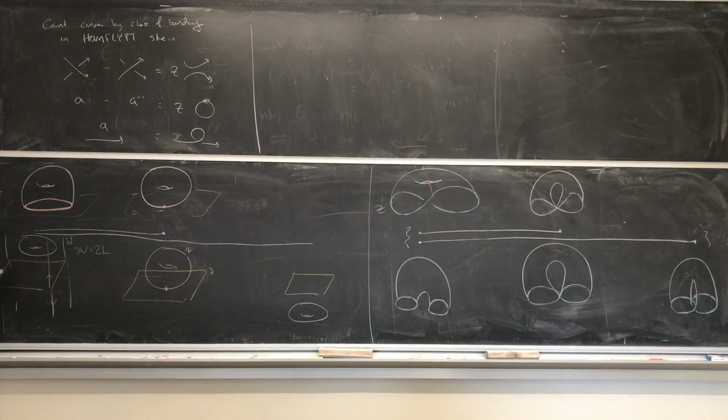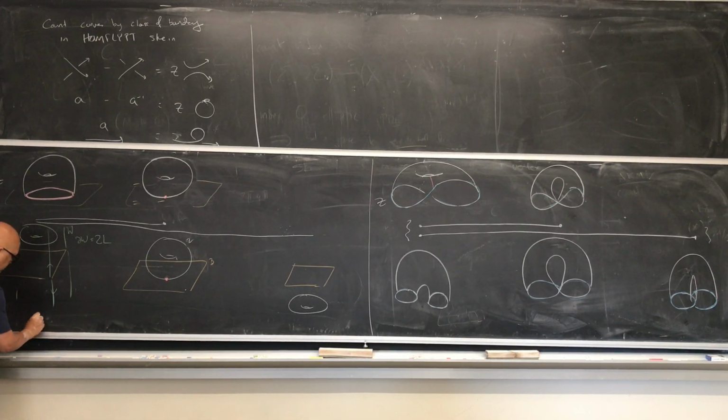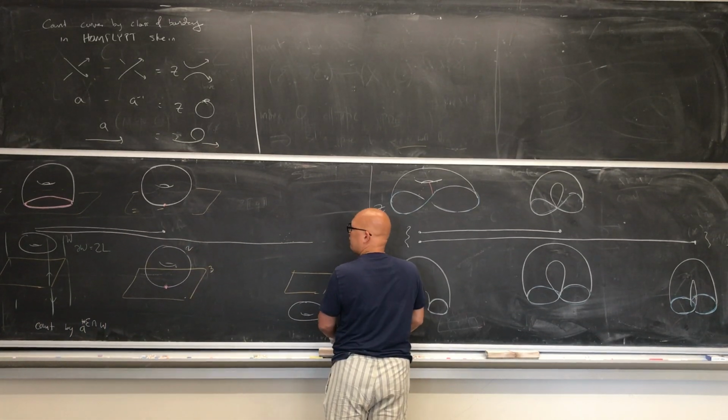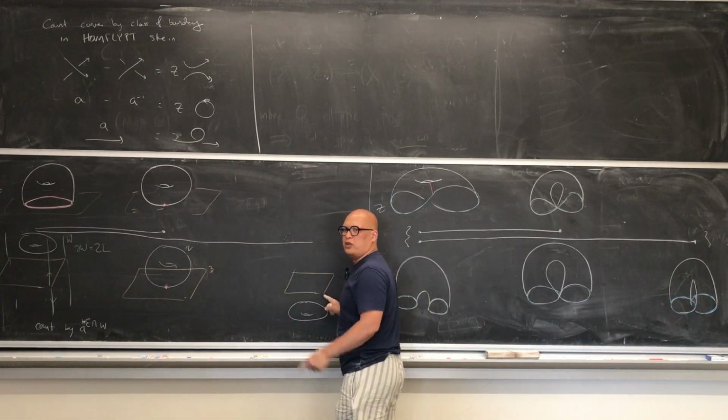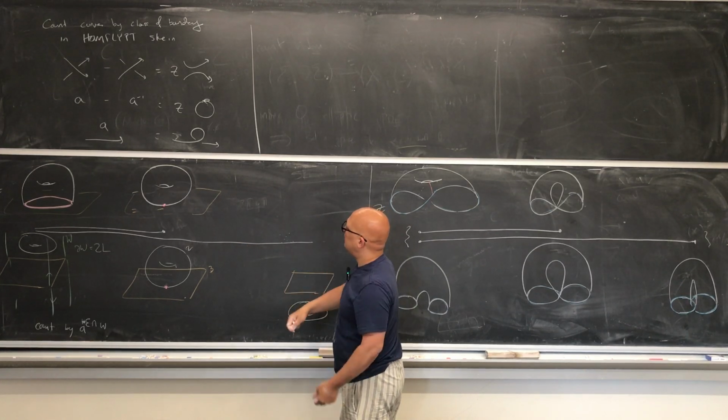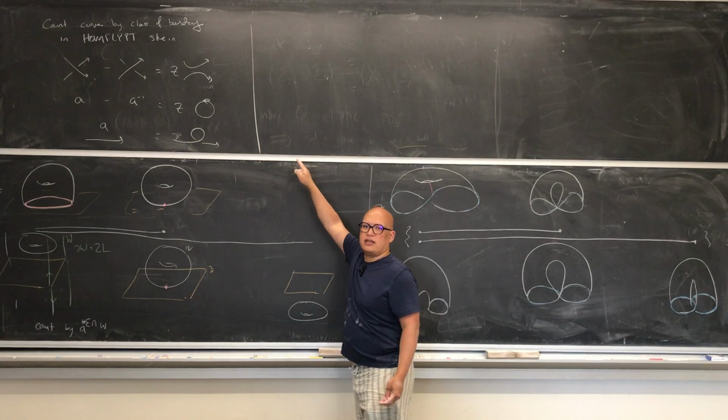And then we count every curve by A to the number of intersections of the curve with W. Then these two sides will differ by an A squared because we pass through this thing and it changes, and then you get this second skein relation.